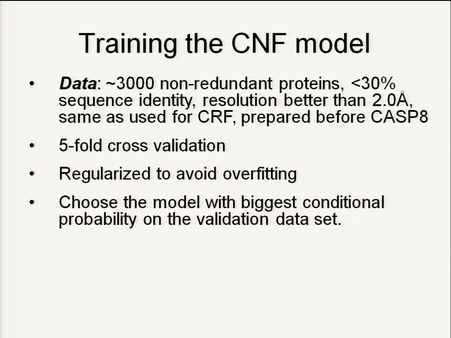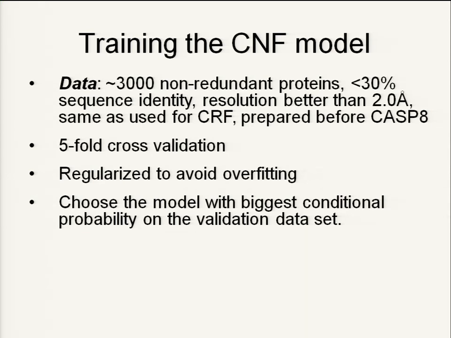For validation, we use 5-fold cross-validation, and we regularize the model to avoid overfitting. For validation and test targets, we also try to avoid those with high sequence identity with the training data.